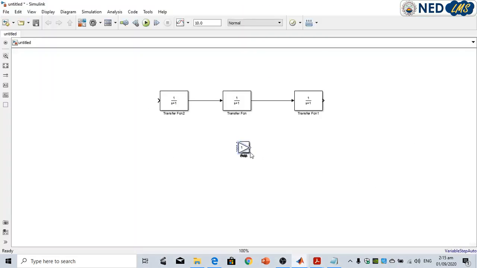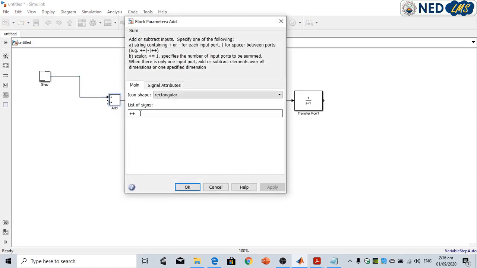Here is the Untitled. Arrange this appropriately. This one is the voltage source. Connect this one. We need 1 plus and 1 minus, therefore change 1 plus sign with minus.